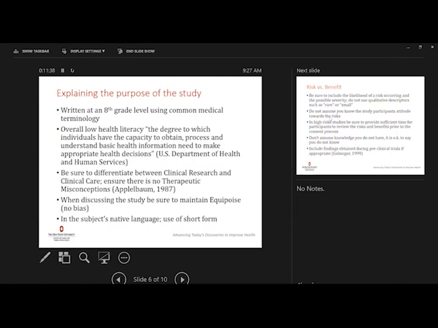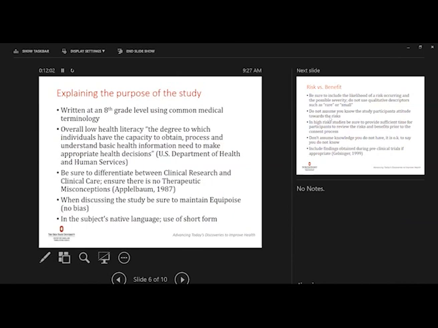And then also be sure to differentiate between what clinical research is and what clinical care is. Two different concepts altogether. Sometimes even our physicians and principal investigators have a hard time understanding where those two differentiate.